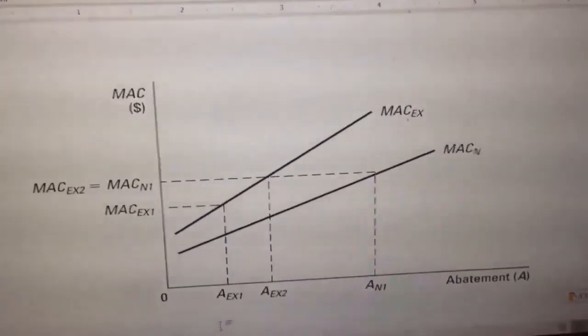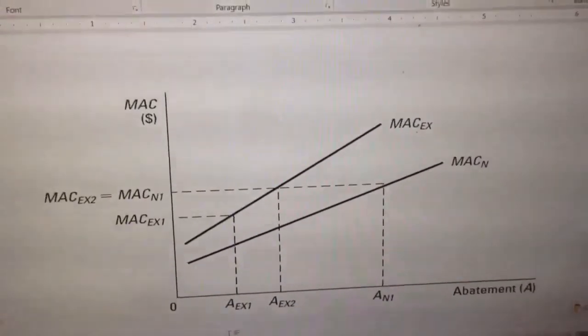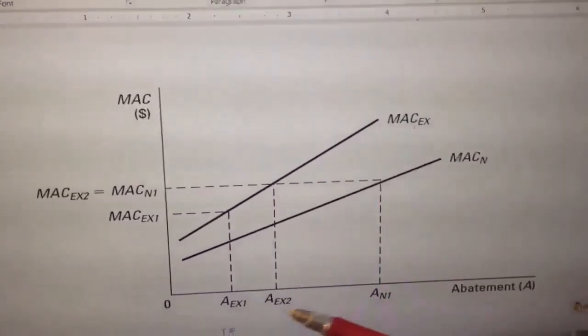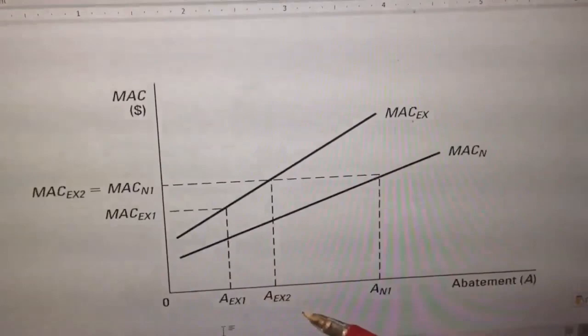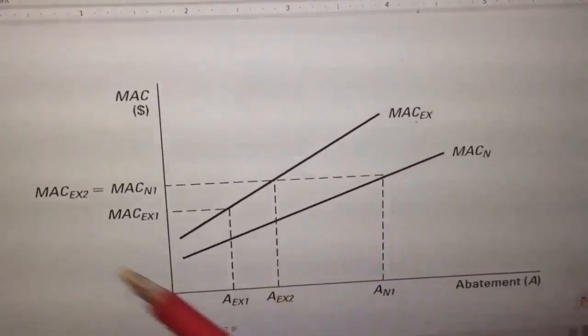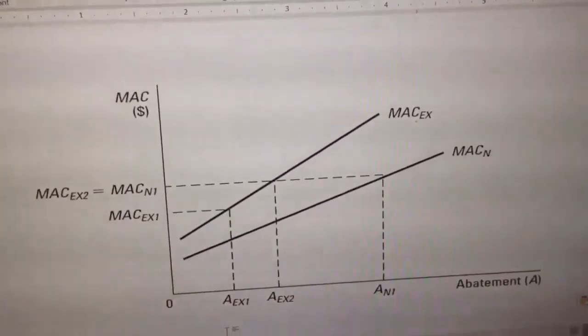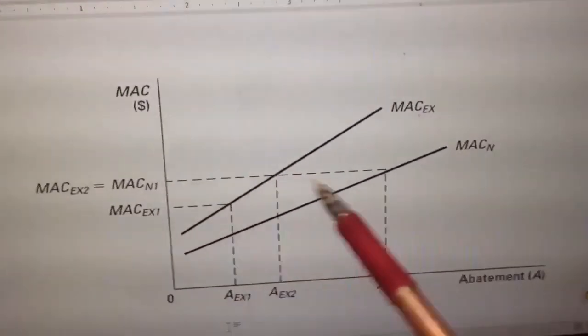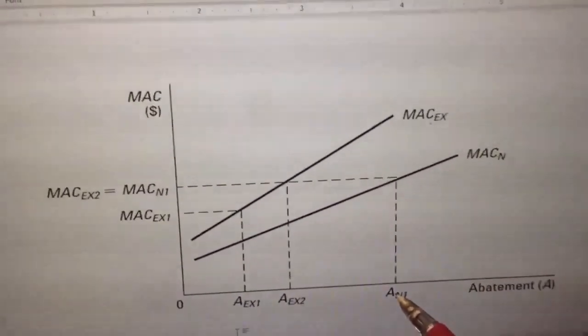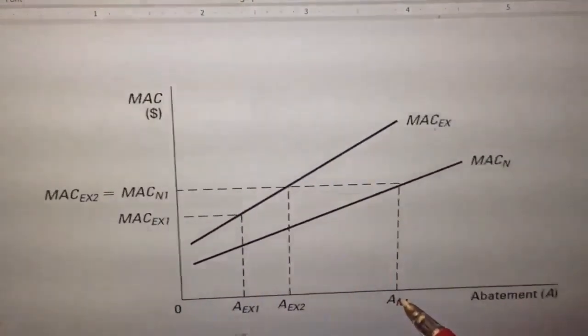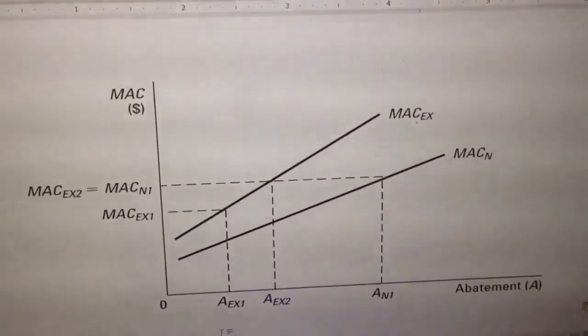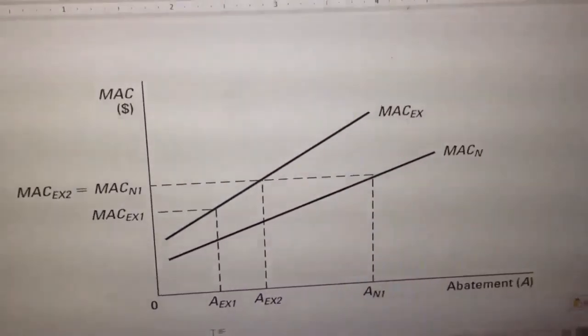For example, if the state increases AX1 to AX2, so we can say MAC X2 corresponding to AX2 would equal MAC N1. In doing so, the bias against new construction would be eliminated.